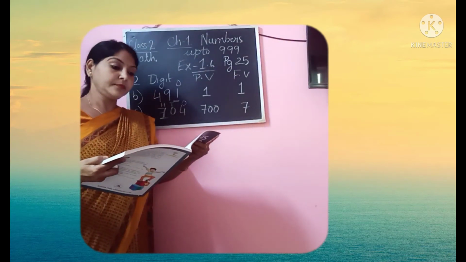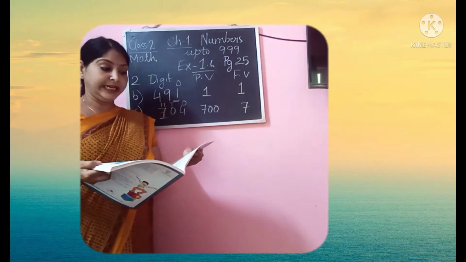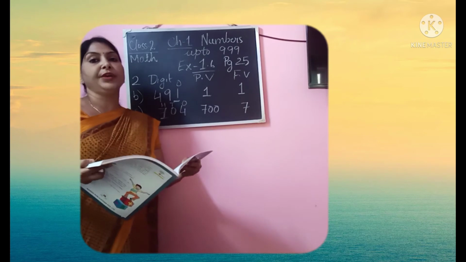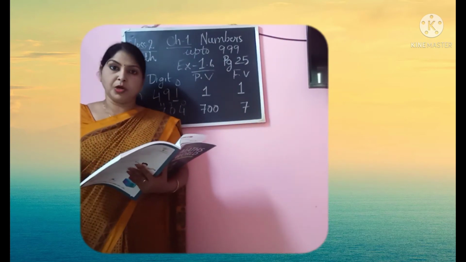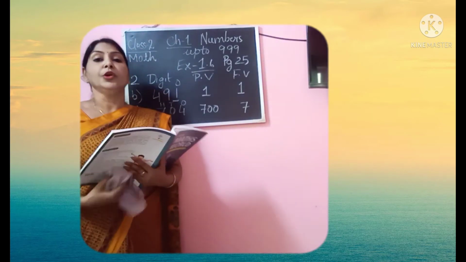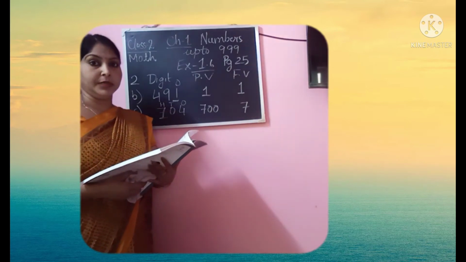Now coming to the next concept, that is greatest number and smallest number. How do we understand which number is greater and which one is smaller? See, this is very easy. I think in class 1 also you have learned how to compare 2-digit numbers, isn't it?